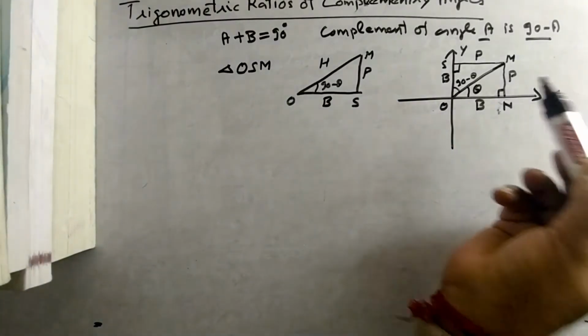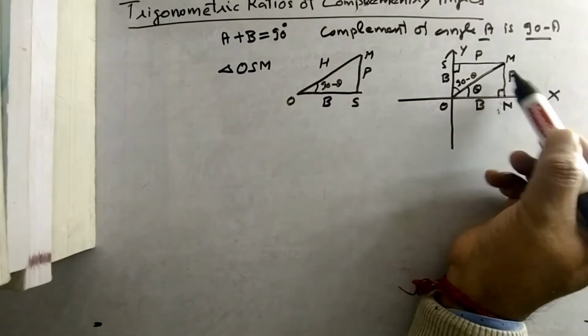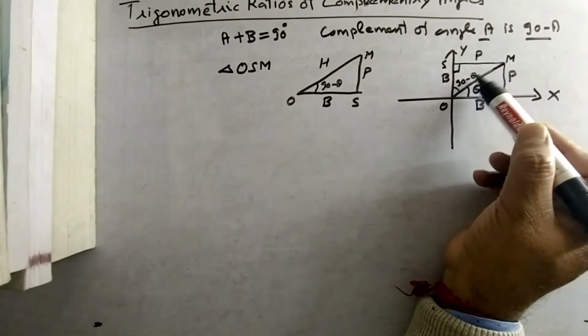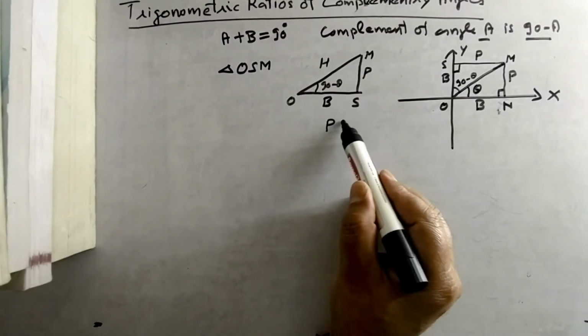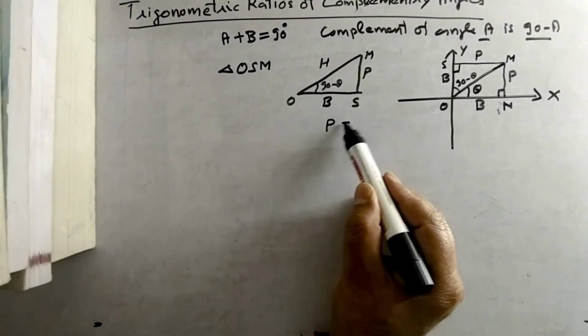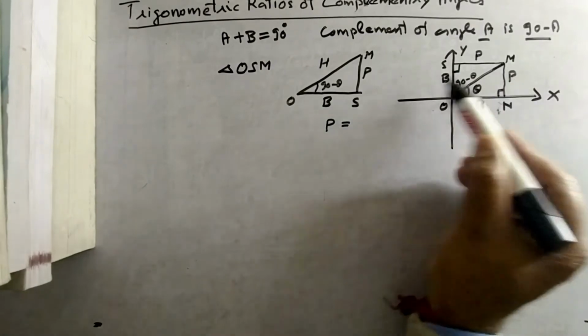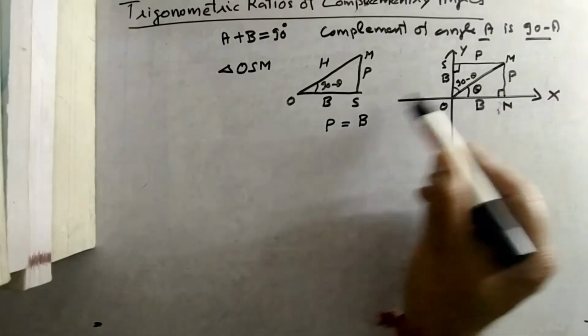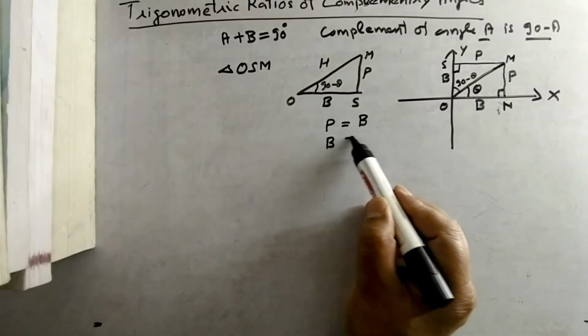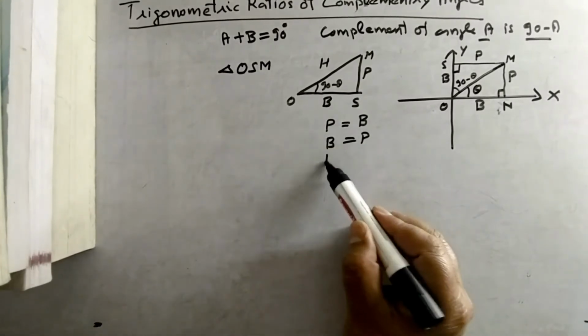Just try to understand one thing: when you go to 90 minus theta, the perpendicular is replaced by base and base is replaced by perpendicular. Hypotenuse remains the same.